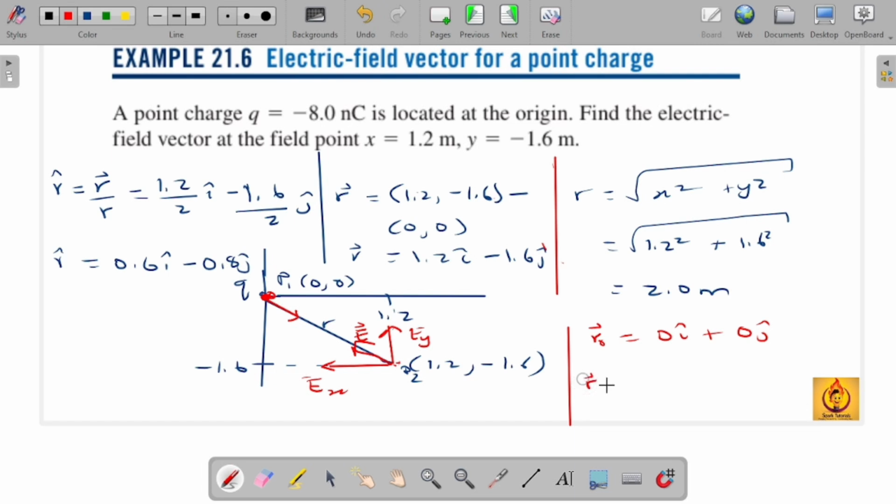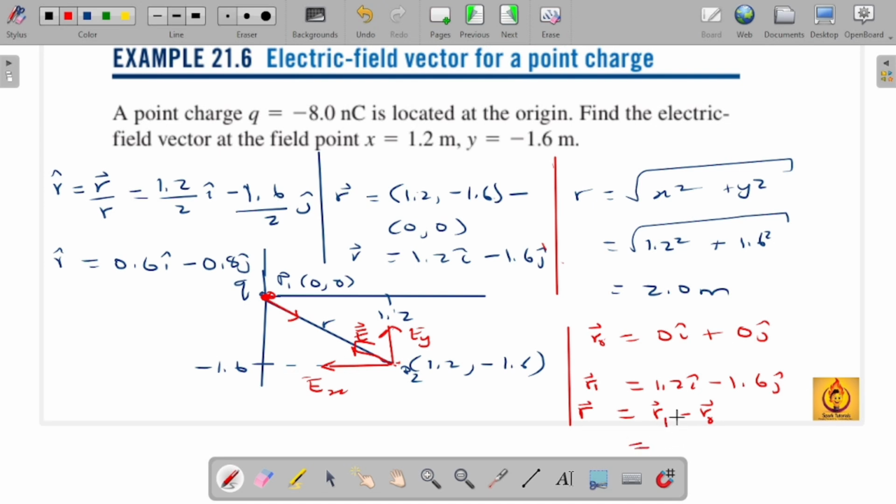The position vector of where we are testing the charge is x 1.2 and y negative 1.6. To find the vector from R0 to R, I'll call this R1, so it is R1 minus R0.